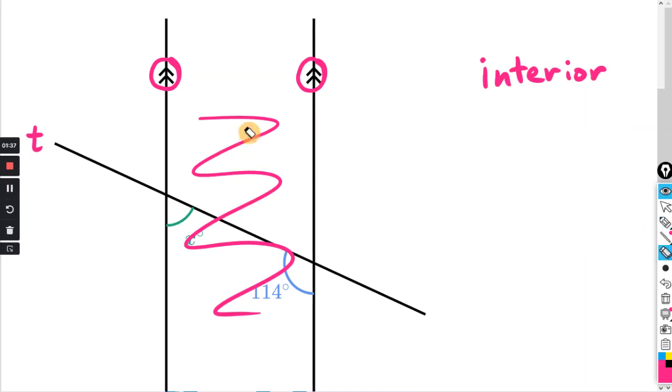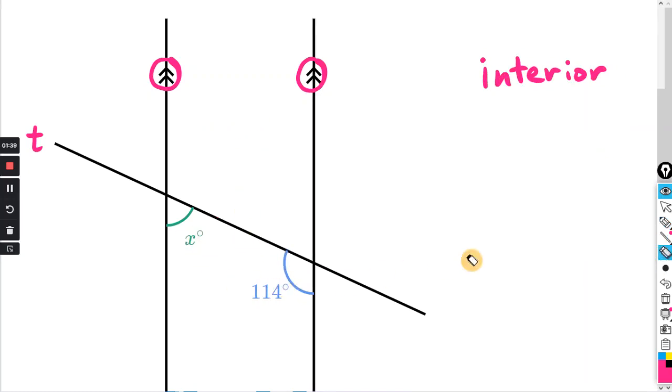So these angles right here are on the interior. And if you look at the transversal line, both of these angles are on the same side of that transversal. So these are considered same side interior angles.